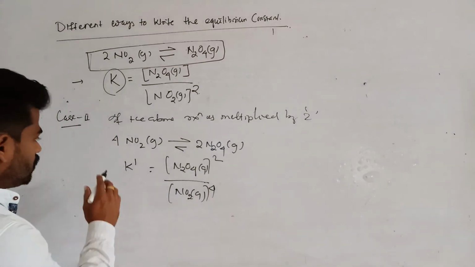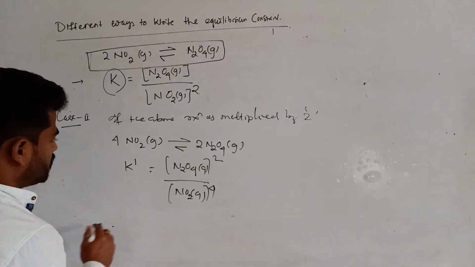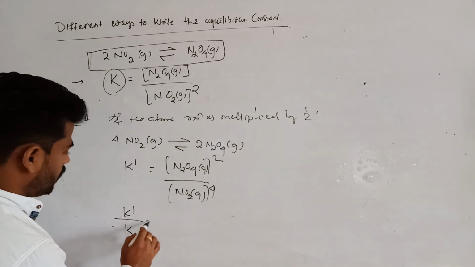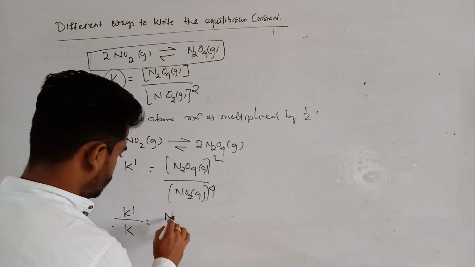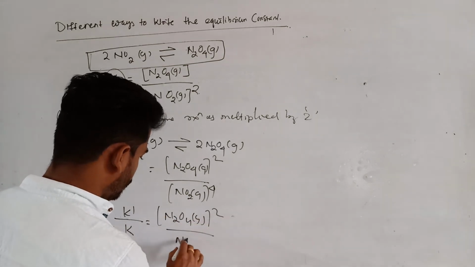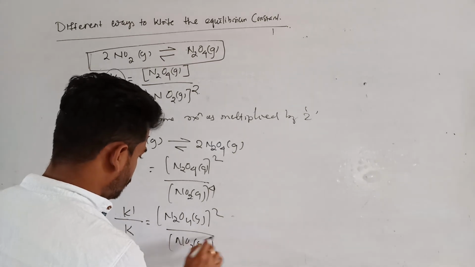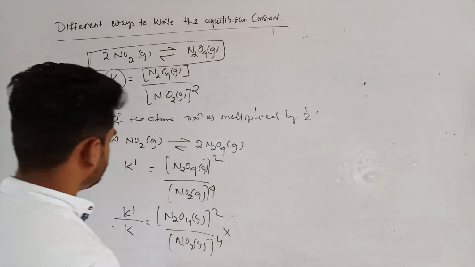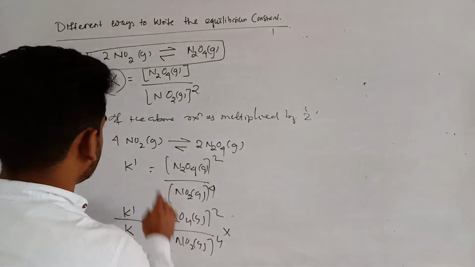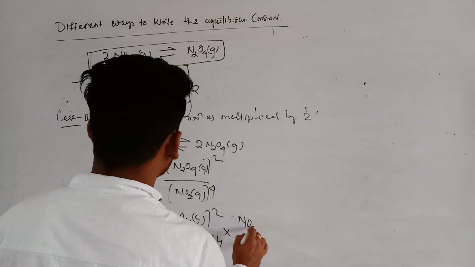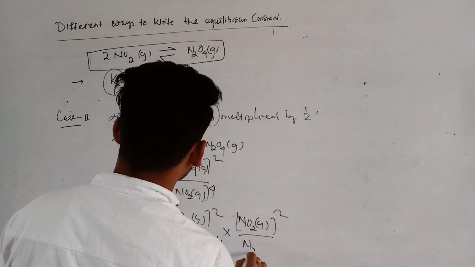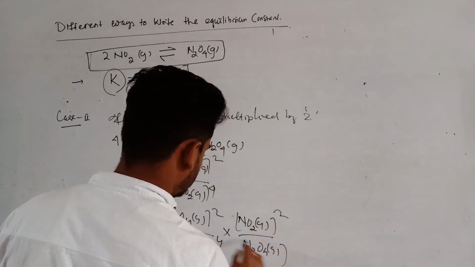Now just take the ratio: K dash upon K will be equal to N2O4 gas whole square upon NO2 gas to the power 4, into NO2 square divided by N2O4 gas.